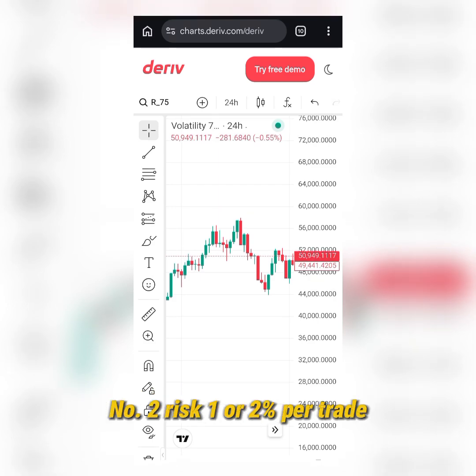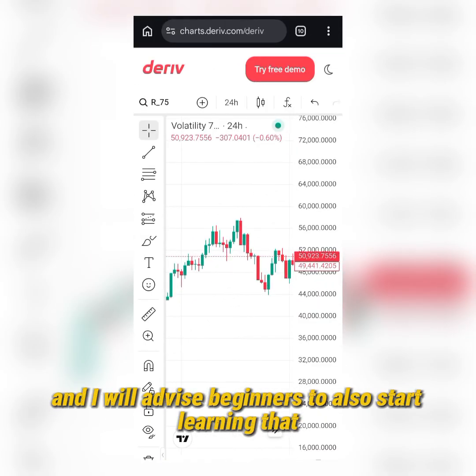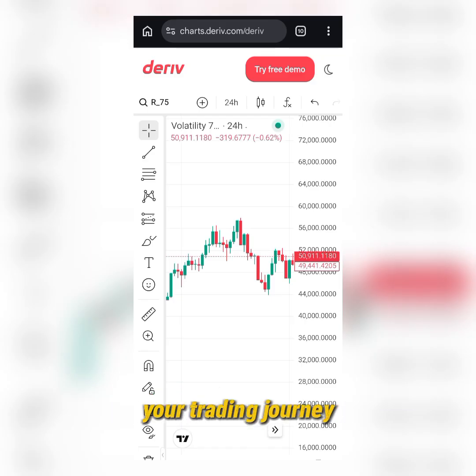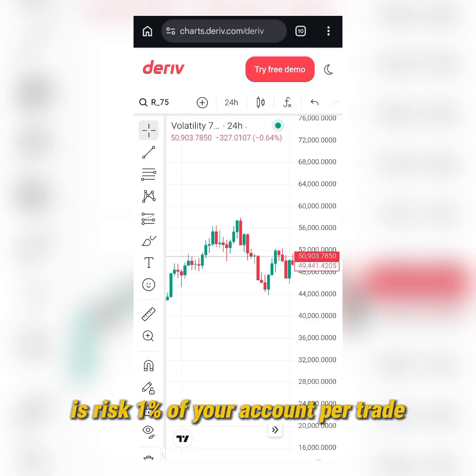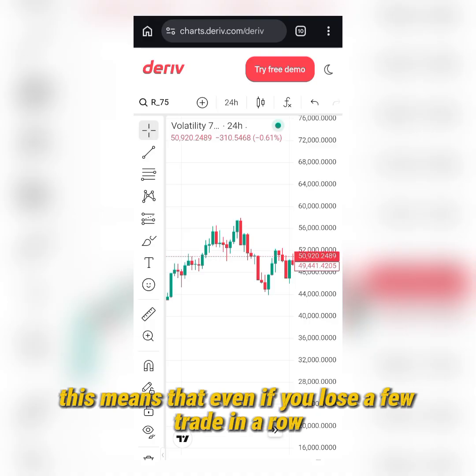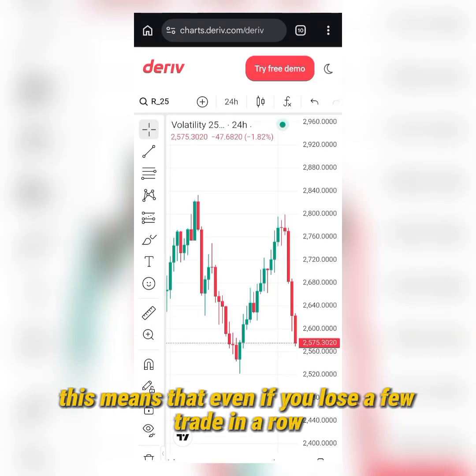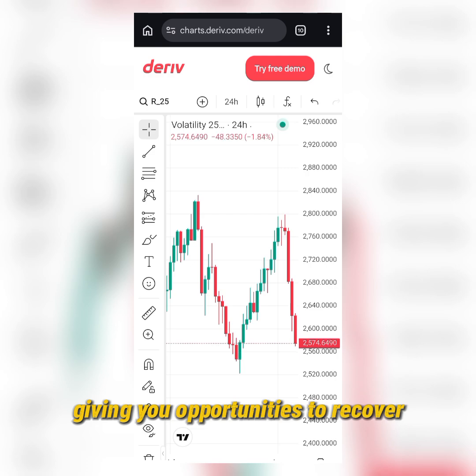Number 2, risk 1 or 2% per trade. Professional traders focus on protecting their capital, and I will advise beginners to also start learning that as you start your trading journey. The amount you should risk is 1% of your account per trade, 1 or 2%. This means that even if you lose a few trades in a row, your account is still alive, giving you opportunities to recover.